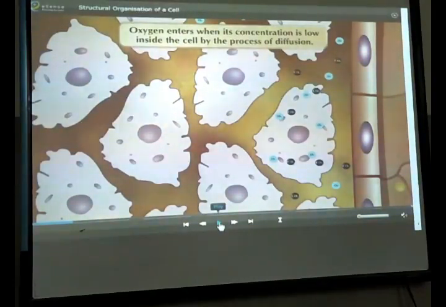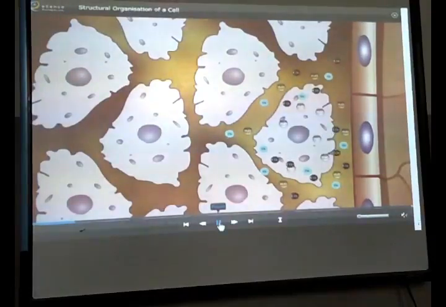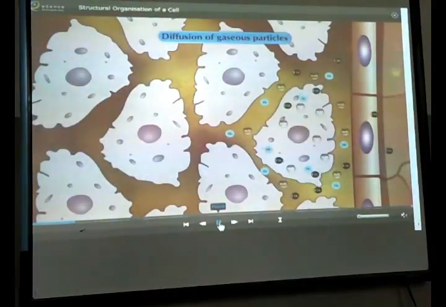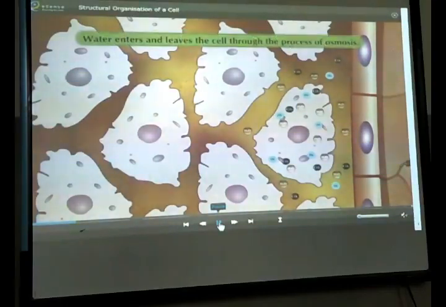In the same way as carbon dioxide exchange takes place there, oxygen also takes place through diffusion, and we can see how the diffusion of gaseous particles takes place there.